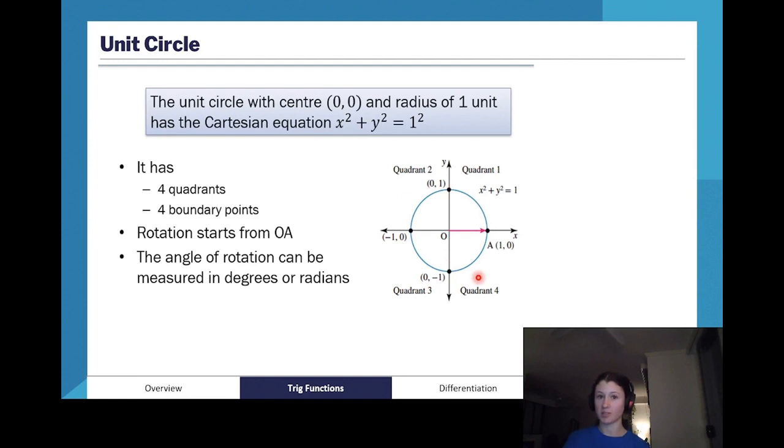The rotation can be measured in degrees or radians. If I were to measure, say, 45 degrees or pi on 4, I would start at the positive x-axis, and I would move this direction by 45 degrees, and this would give us 45 degrees on the unit circle.